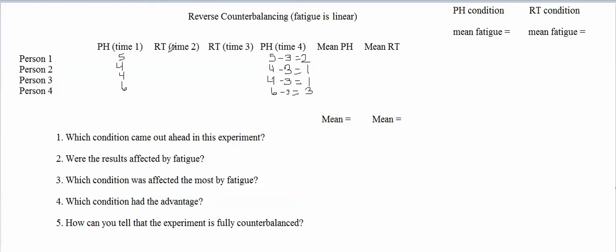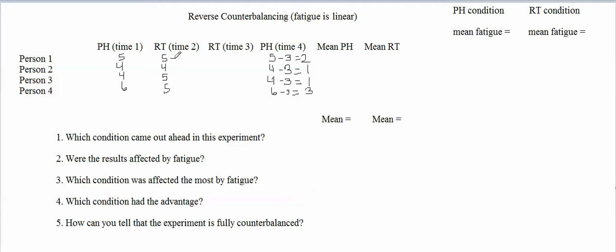But since it's at time 2, what I'll have you do is start out by making up the ratings that they would have given if it had been at time 1. They're on a 1 to 7 scale. But then account for fatigue.